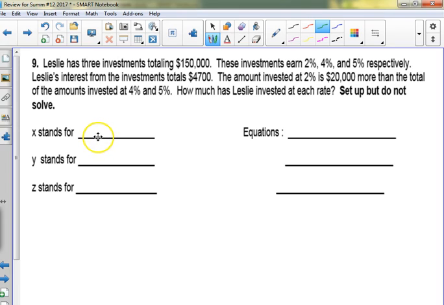Okay, but how are you going to distinguish between the 3 different investments? Yeah. So this is the money we put, I'm just going to say at 2%. Is that easy enough? The money that's sitting in the account that's at 4% and the money at 5%.